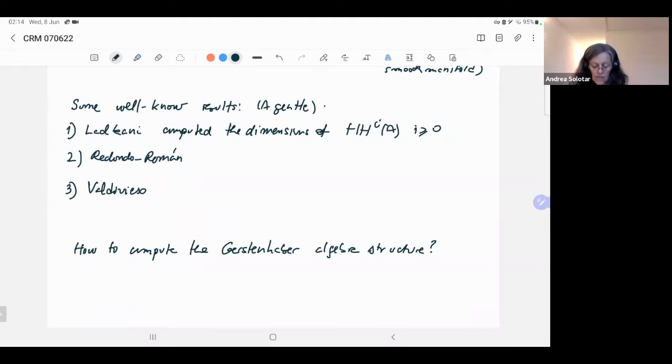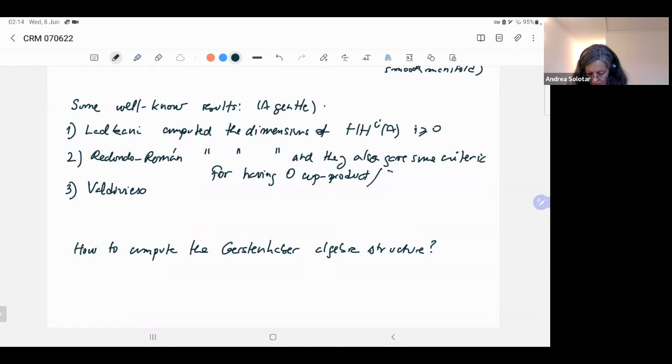Redondo and Román also computed these dimensions, but they gave proofs, and they also gave some criteria for having zero cap product or Gerstenhaber bracket in some homological degrees.